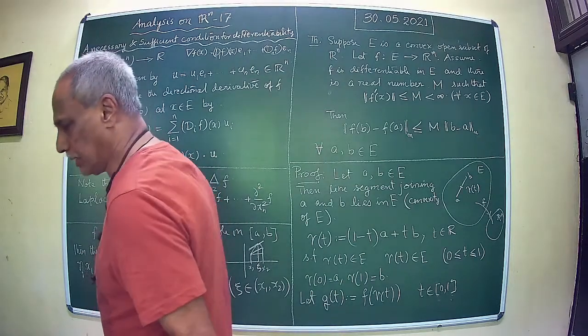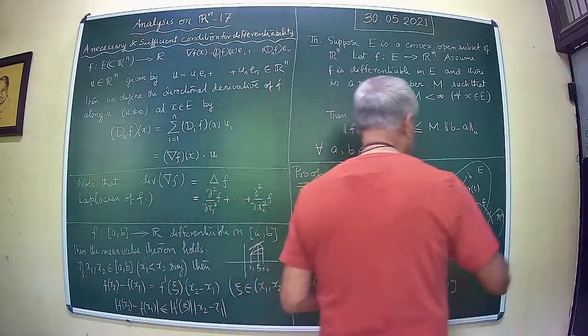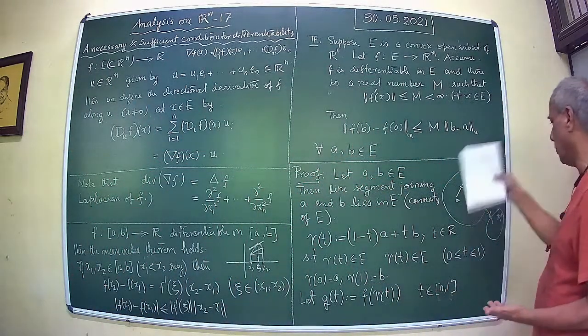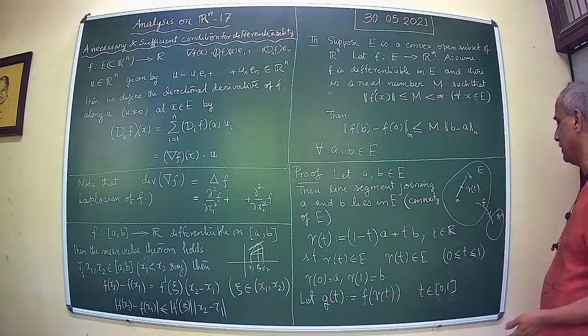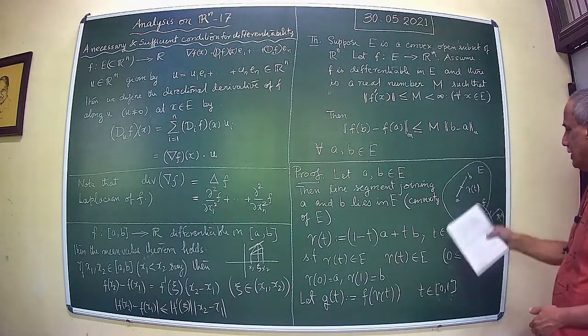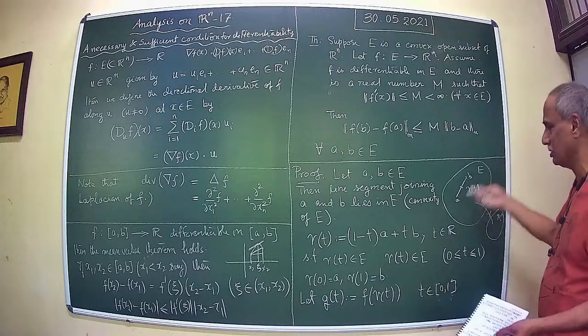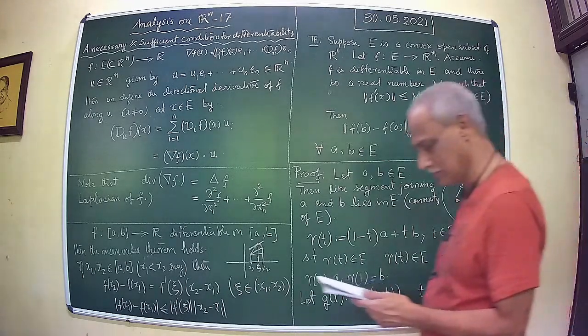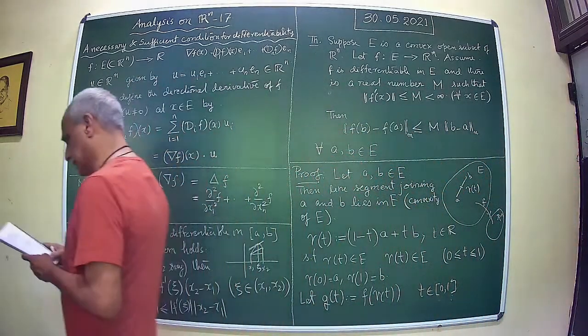It is defined even beyond this interval, there is no problem about that, because we are assuming this is an open set, so this entire line lies in it, and some extension of it would also lie in it. So it's defined on a larger interval, in fact.